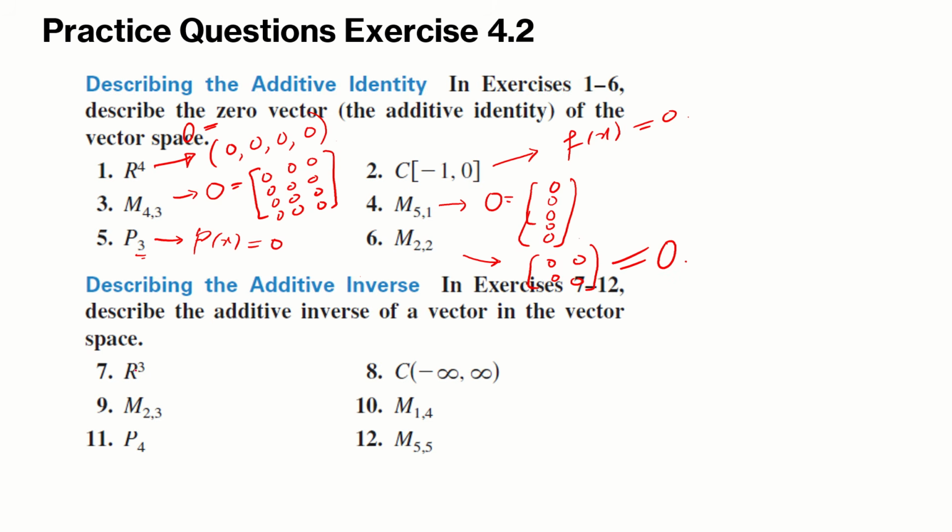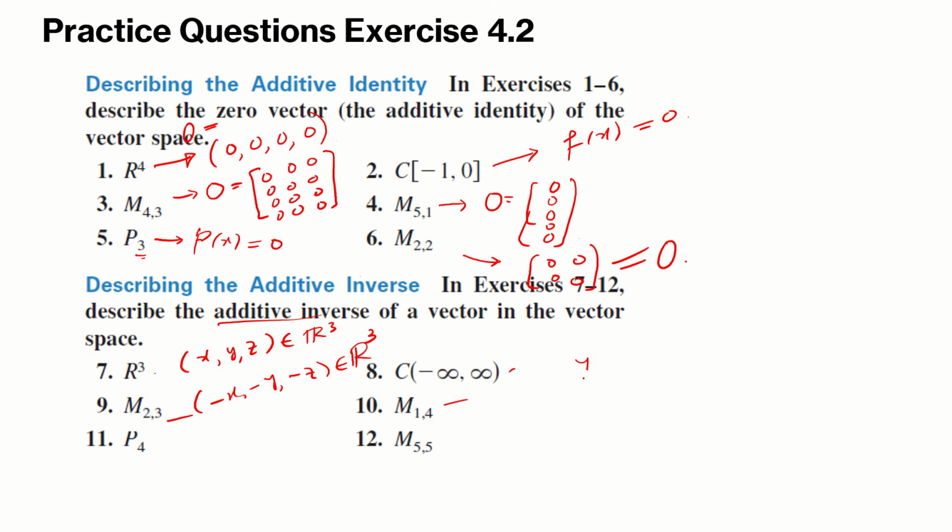In question 7 to 12, you have to tell the additive inverse. Like if you have one element x, y, z, if that is an element in R3, so minus x, minus y, and minus z, it will be the additive inverse in this case. The same thing in matrices as well.